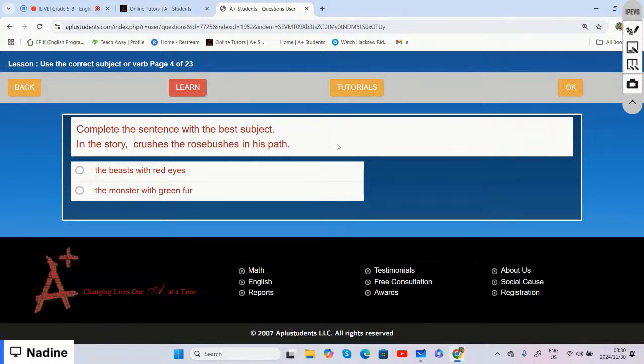All right, so in the story, it says crushes. Option one, in the story, the beast with red eyes crushes the rose bushes in his path. Or option two, in the story, the monster with green fur crushes the rose bushes in his path.